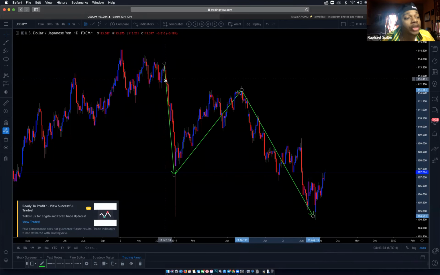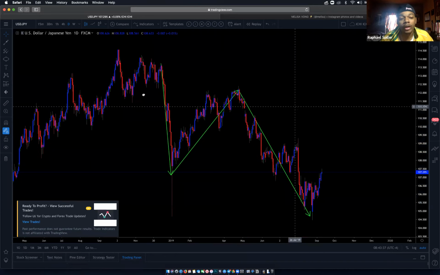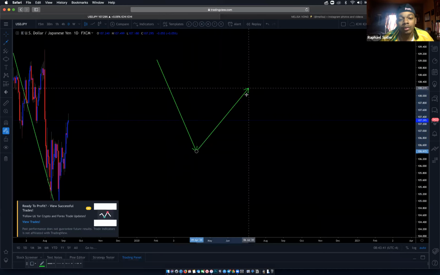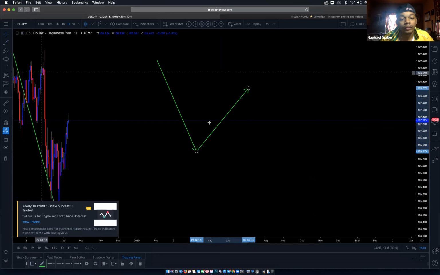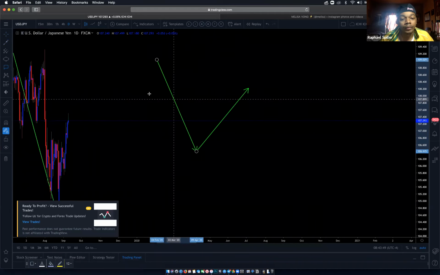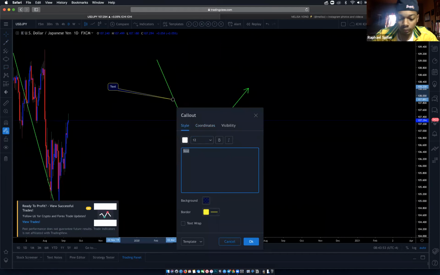And this is what I'm about to say right now. The continuation is always 100% of the impulse. Let me explain what that means, right? If this was my pullback, I want to break this down as simple as possible. This is my impulse, right?